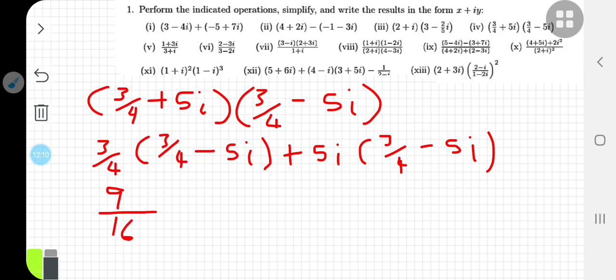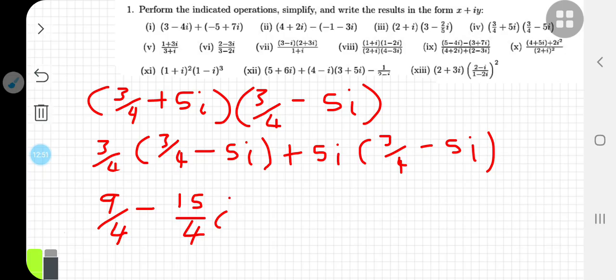Then we multiply 3 over 4 times negative 5i, that is 3 times 5, so minus 15 over 4 i. Then plus 5 times 3, that is 15 over 4 i.